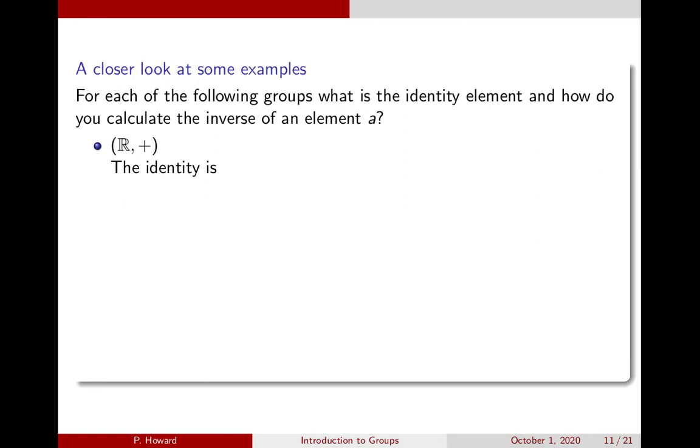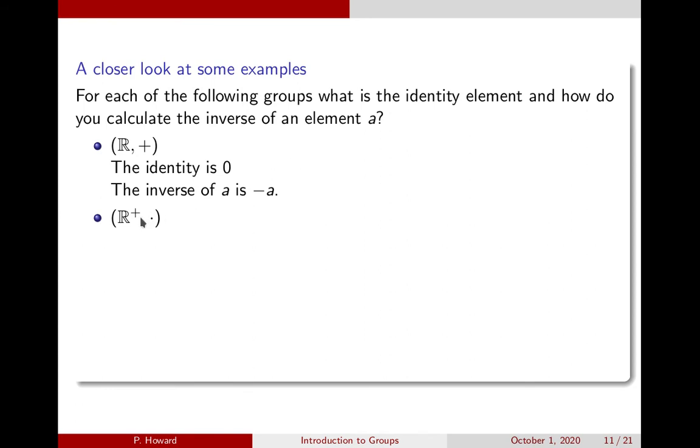The identity, if you're adding, the neutral element or identity is 0. The inverse of a real number, using the operation of addition, is -a. -a is what you add to a to get the neutral element 0.